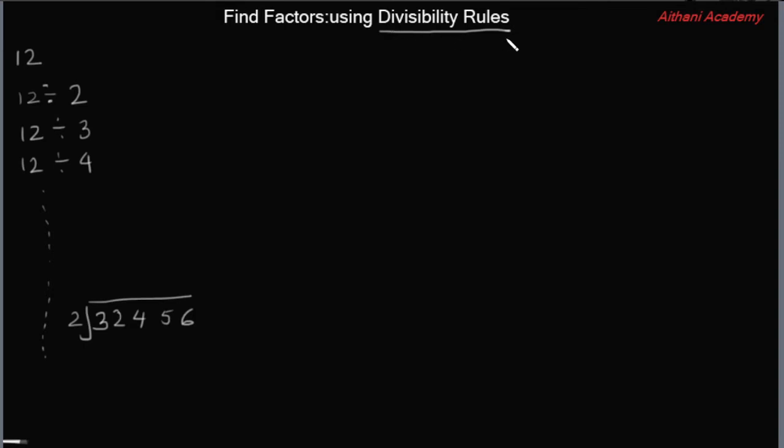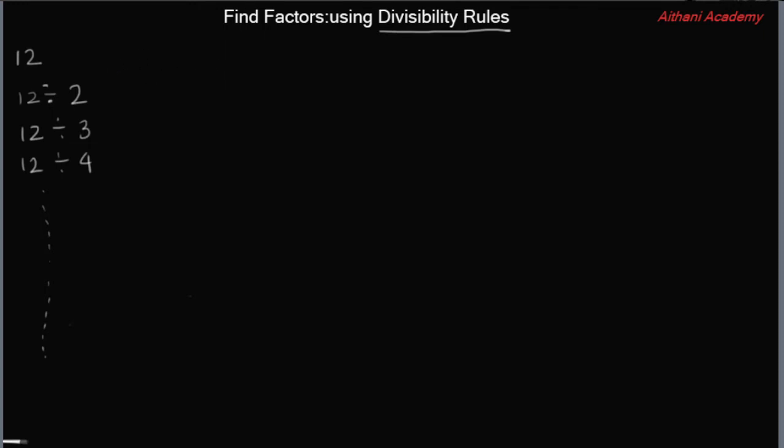Instead, we have a set of divisibility rules that can help us know if a number is divisible by 2, 3, 4, 5, 6, 7, 8, 9. Okay, so let's start and put down all the divisibility rules.